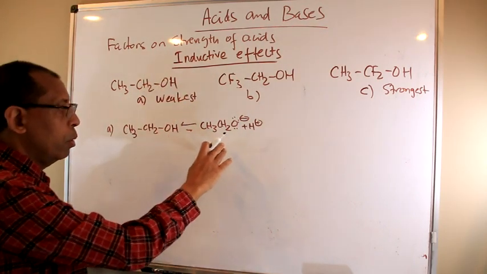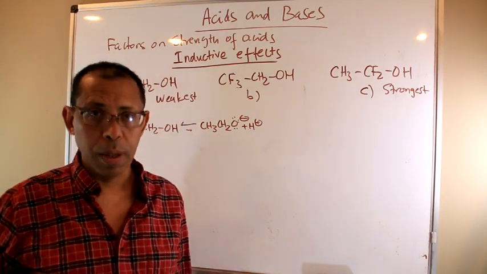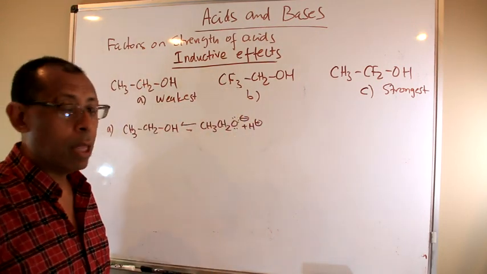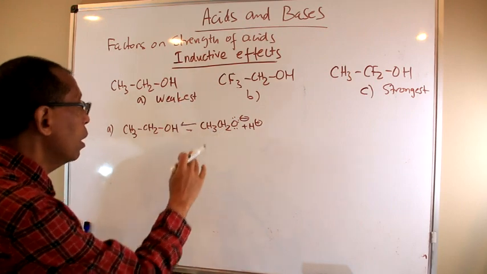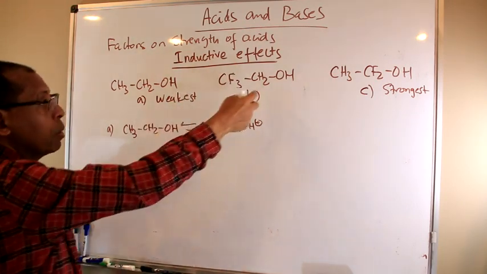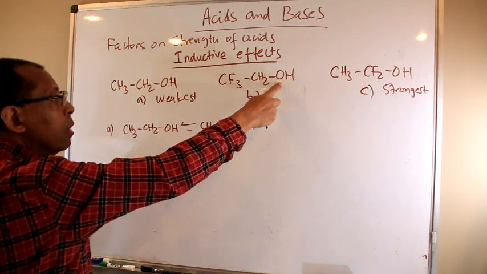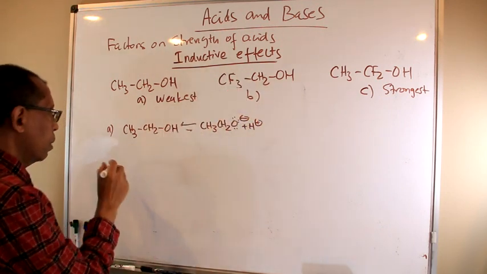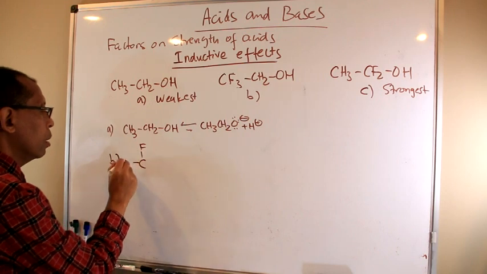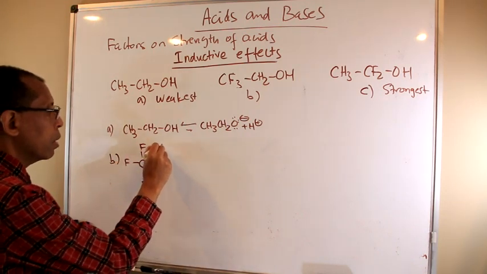So always, as I told you, it's important that the conjugate base should be stabilized. In this case, the conjugate base is stabilized relative to this by the inductive effect of the fluorines on this carbon, even though they are much more distant from the oxygen, with one more carbon. If you just see the dissociation of that CF3, I will write them in loose form so that it becomes clearer.